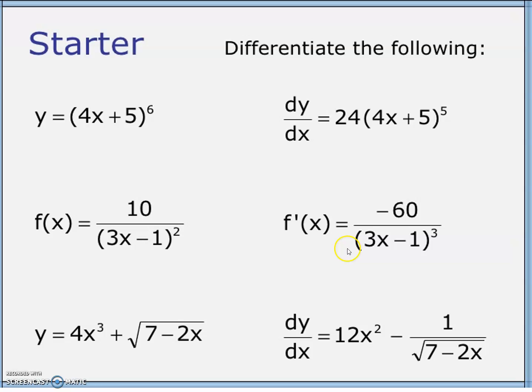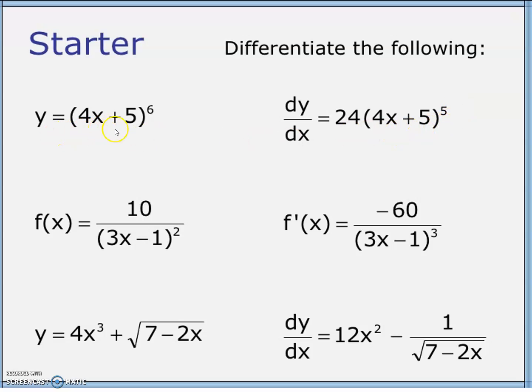Now we start with examples based on differentiate the following. Y is equal to 4x plus 5 raised to 6. Be particular, we have to know the derivative of x raised to n. Yes, it is n x raised to n minus 1. That's why dy by dx, the bracket remains the same, 4x plus 5 raised to 6 minus 1.